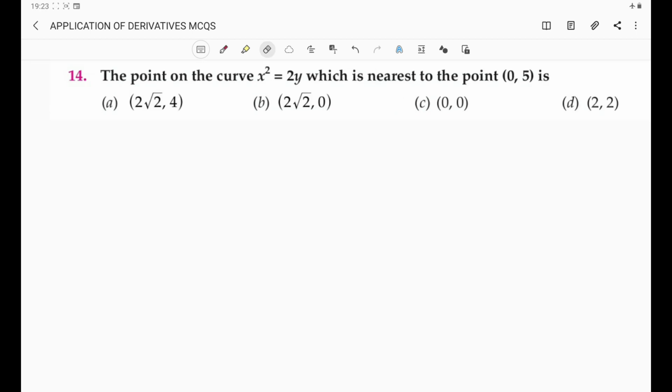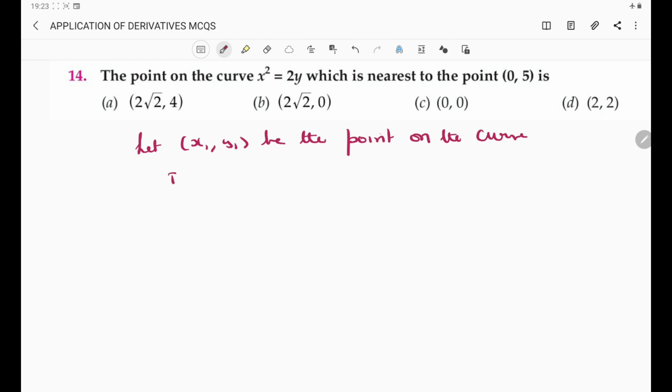Question number 14. The point on the curve x square equal to 2y, which is nearest to the point (0, 5). So let (x1, y1) be the point on the curve which is nearest to the point (0, 5).